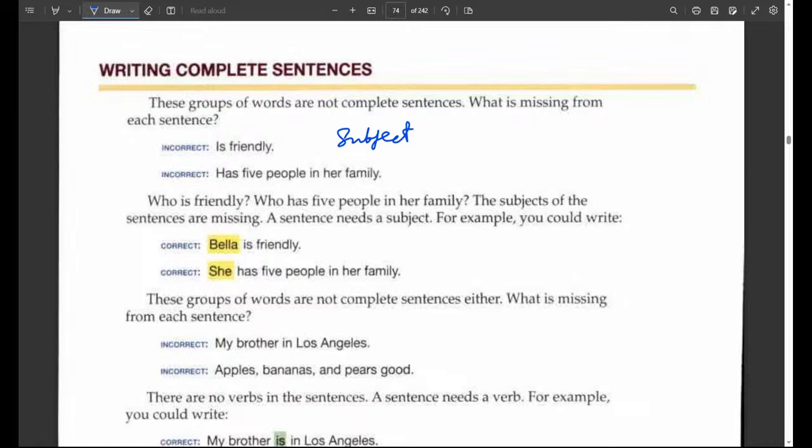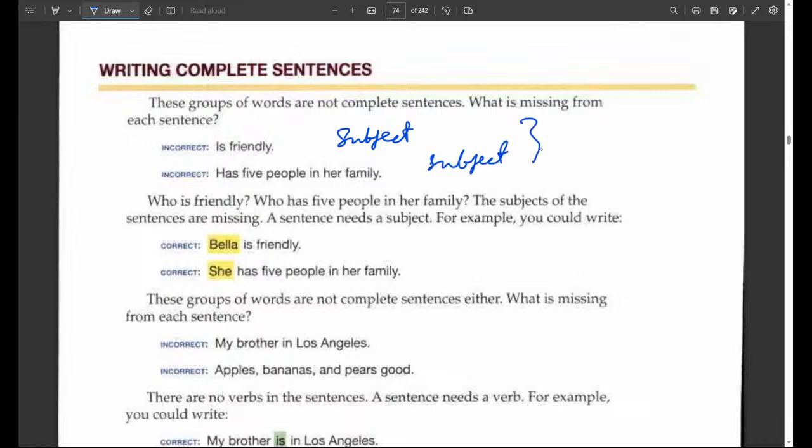So, is friendly. Who is friendly? What is friendly? Has 5 people in a family. Who has 5 people in a family? That is not there. So that is the subject.